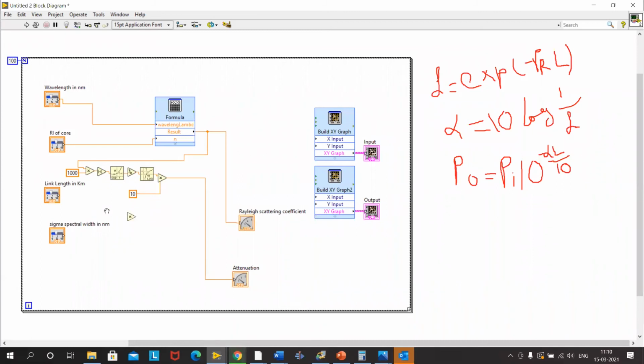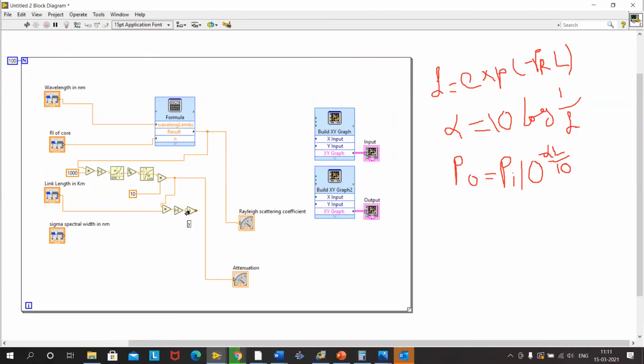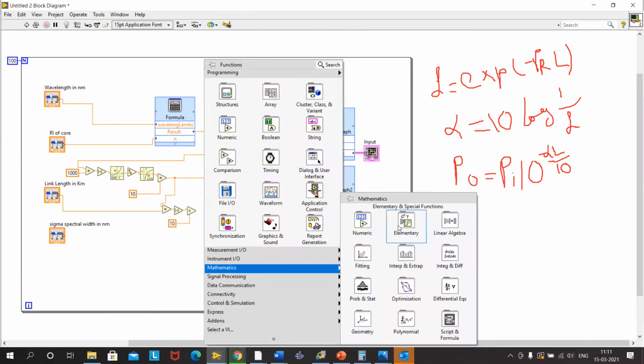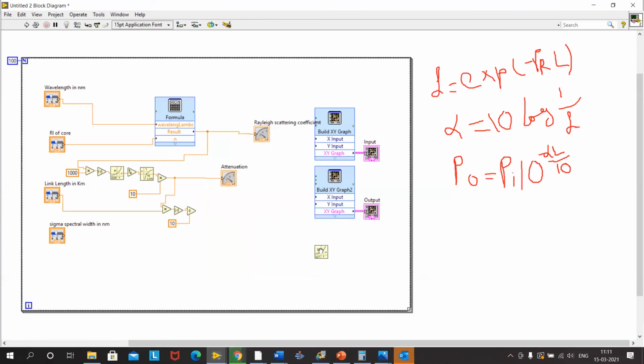We have alpha, we need to multiply it with L, negate it and divide it by 10. For 10 we'll create a constant, right click, create a constant. Then we go to mathematics, elementary, exponential, power of 10.